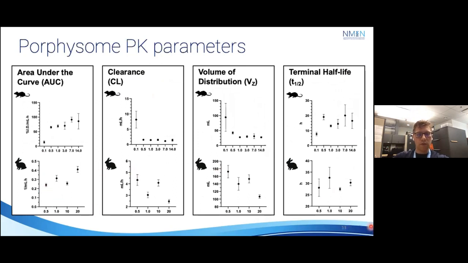But note that the behaviors of the PK parameters in mice were very similar to those that we saw in the rats. For all these graphs, the vertical axis is the parameter value, and the horizontal axis is our escalating porphysome dose. Now, the exact meaning of each parameter and the values are not really what are important here, but rather I'd like you to focus on the trends within each parameter.